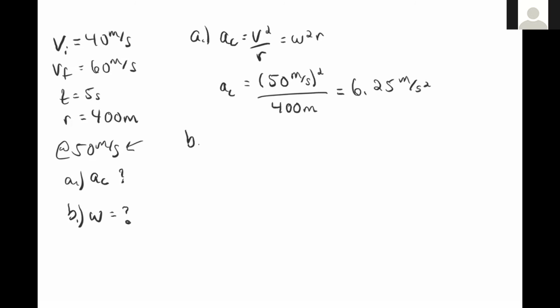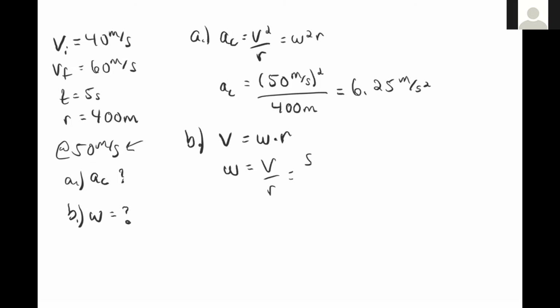And then for part B, the car's angular speed at the instant when it has a linear velocity of 50 meters per second, well, on your equation sheet, we've got the linear speed equals omega times r. So if we solve that for angular speed, omega is equal to v over r.